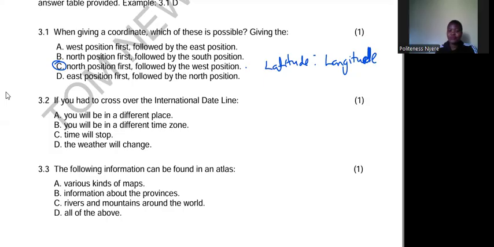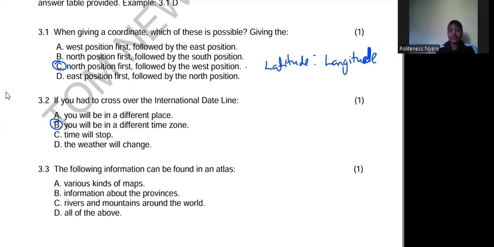Here, some of these answers are there to confuse you. But what you know is that the relationship between the international date line and everything else is mainly time. So if you're going to cross over the international date line, you'll be in a different time zone.